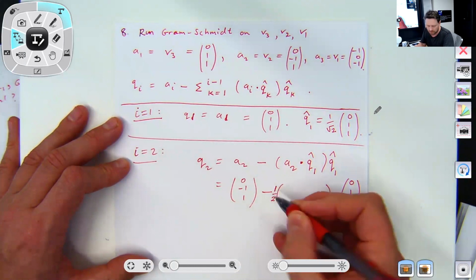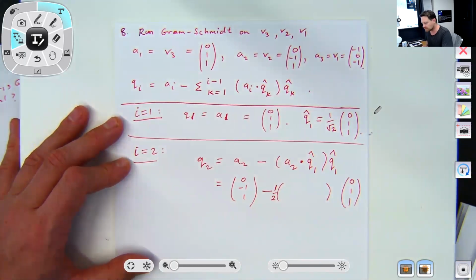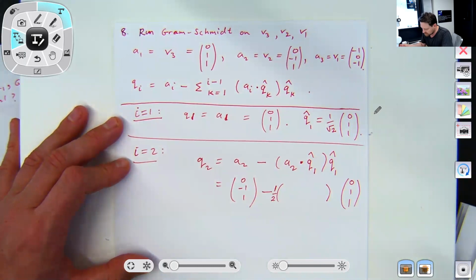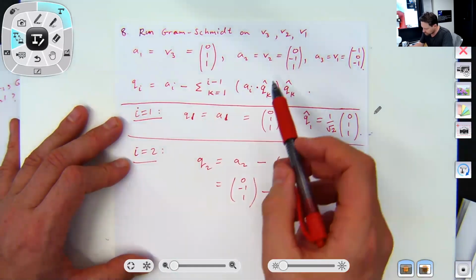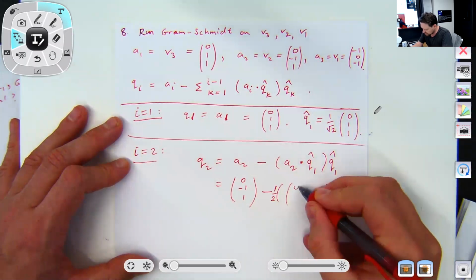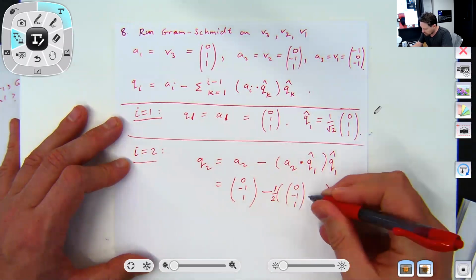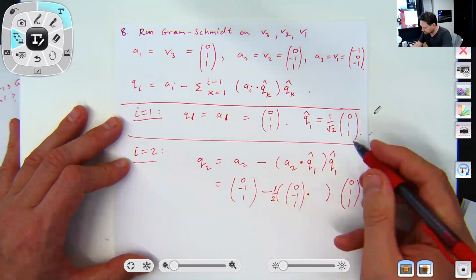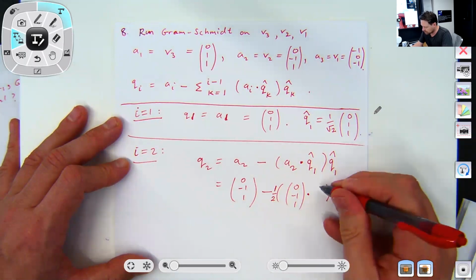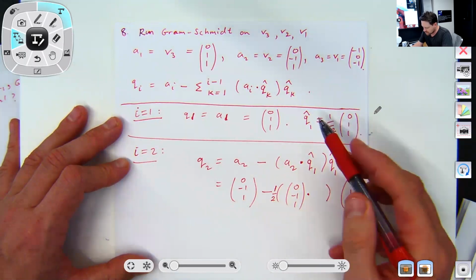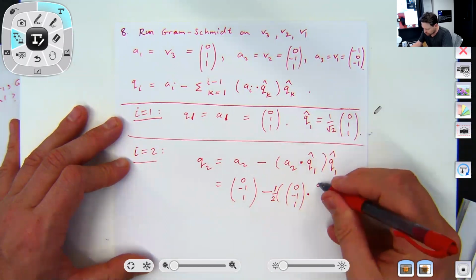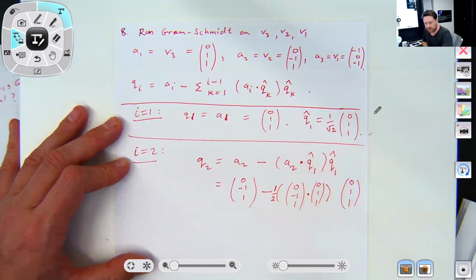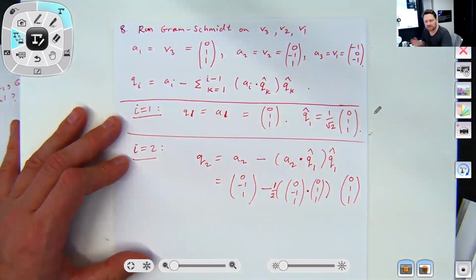Okay, in other words, 1 on root 2 times 1 on root 2 is 1/2. And so I can view this as taking the dot product of just A2, which is 0, minus 1, 1, and then dot Q1. Yeah, but I've already pulled the root 2 out the front, so I'll just write 0, 1, 1. Okay, good. So that simplifies things.